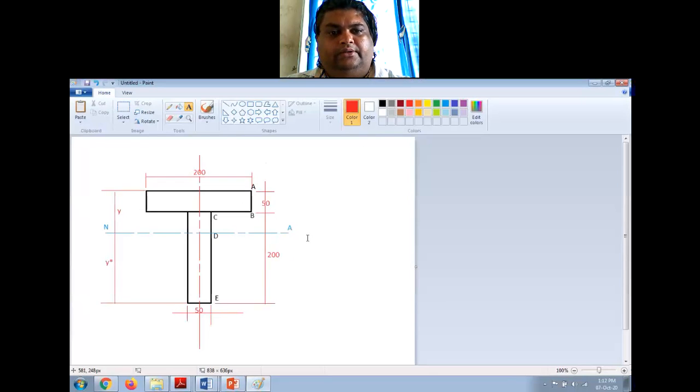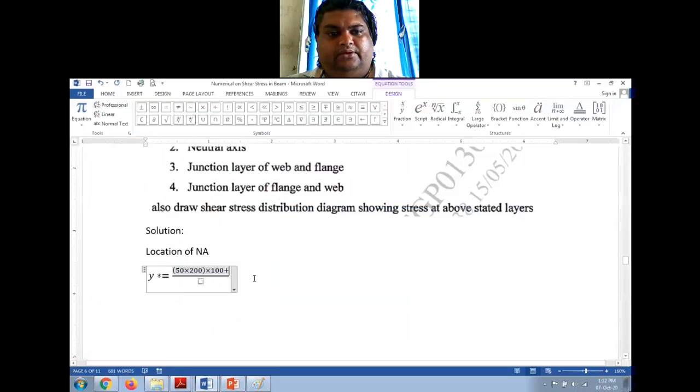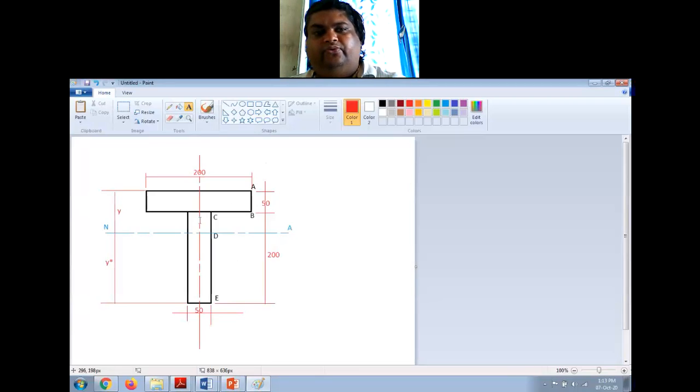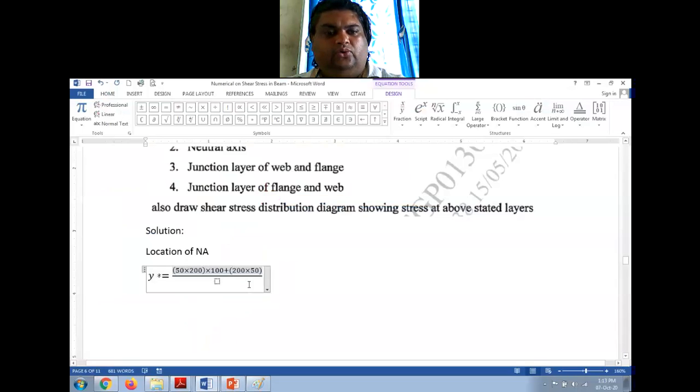Okay. The second rectangle I have is 200 by 50. So it is 200 into 50. Put that in a bracket. Now the location of the center of gravity of this rectangle is at 25 mm above point B, and B is at 200 mm from E. So 200 plus 25, it is 225.